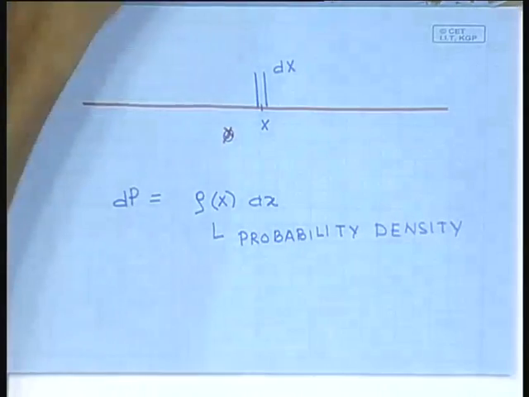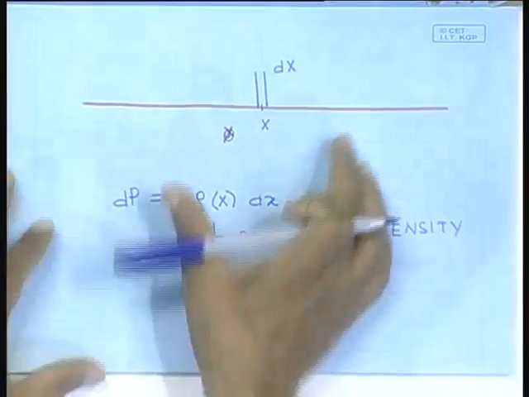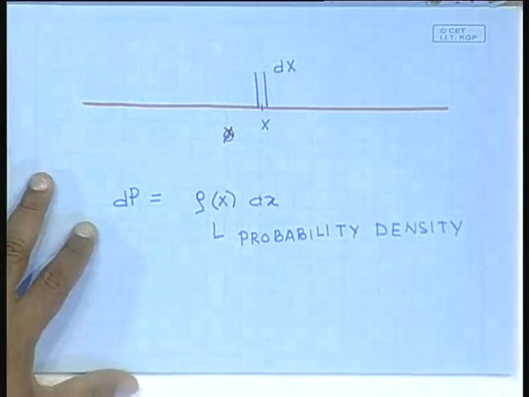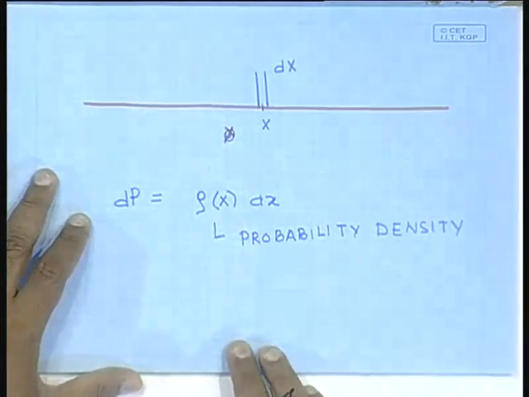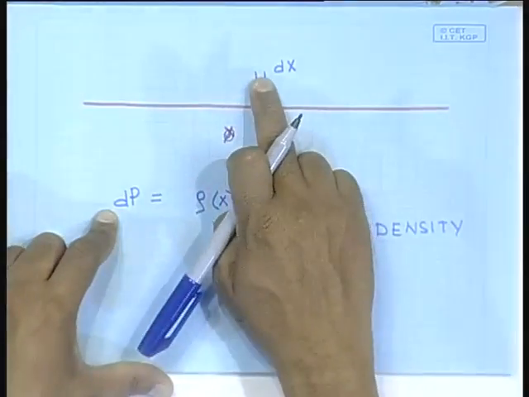In the previous situation this probability density was 1, because the particle we knew was in the range 0 to 1 and the probability was equal everywhere, but in general the probability density is some function such that that function into the interval dx tells me the probability of finding the particle in that interval.